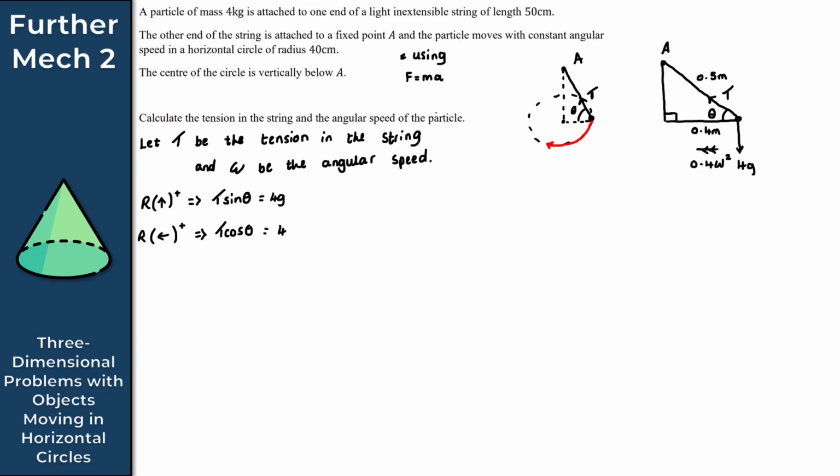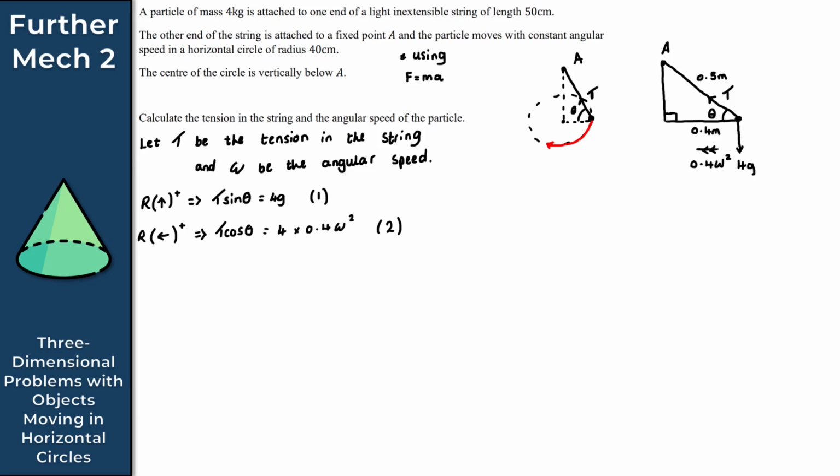We then multiply this by the acceleration, and the acceleration here is 0.4 omega squared, right? So I've got 4 times 0.4 omega squared. Perfect. What I'll do here is call this equation 1, and we'll call this one equation 2.